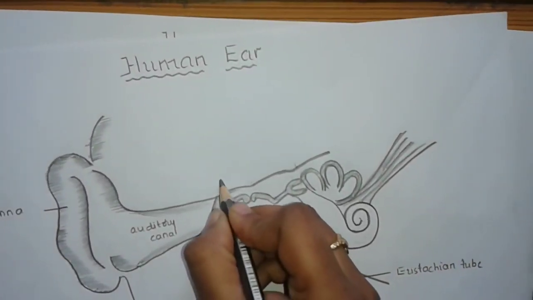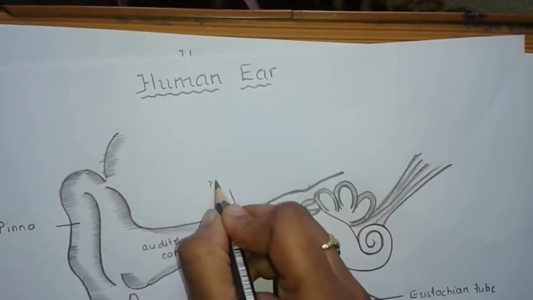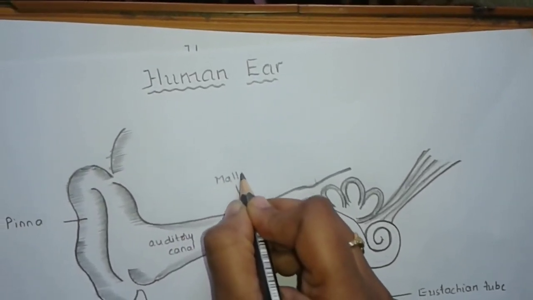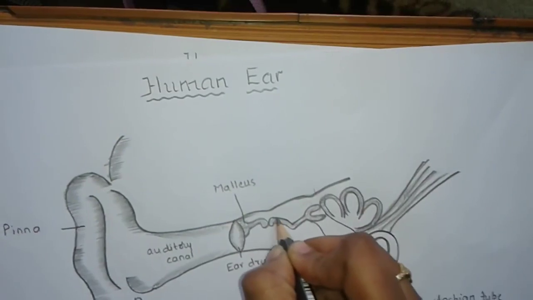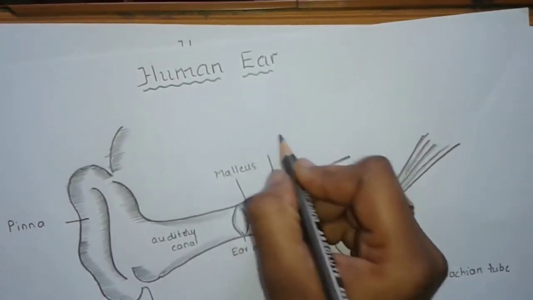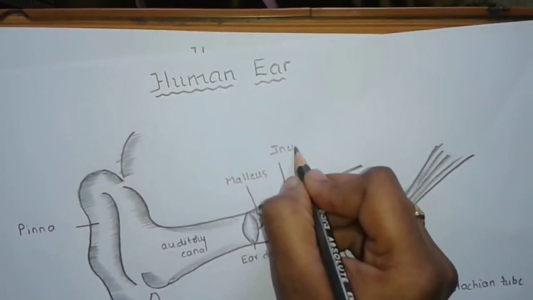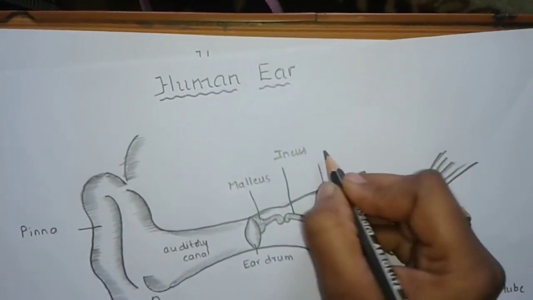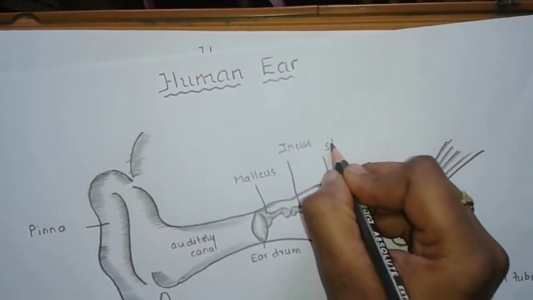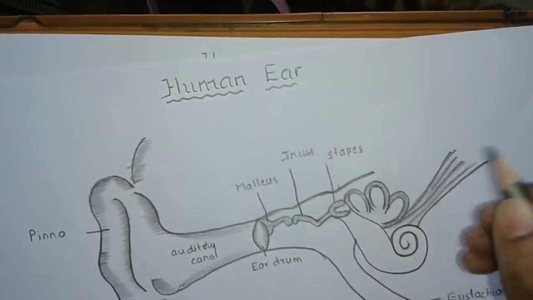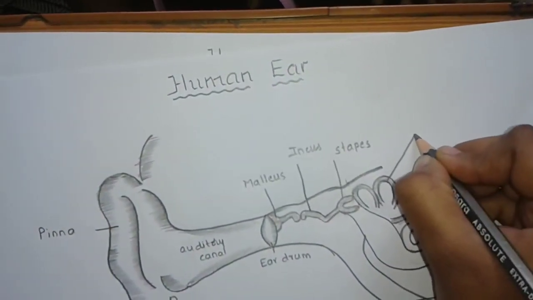the middle ear consisting of three small bones. First one is the malleus. The second bone is called the incus. The third bone is called the stapes. And the three semicircular canals.